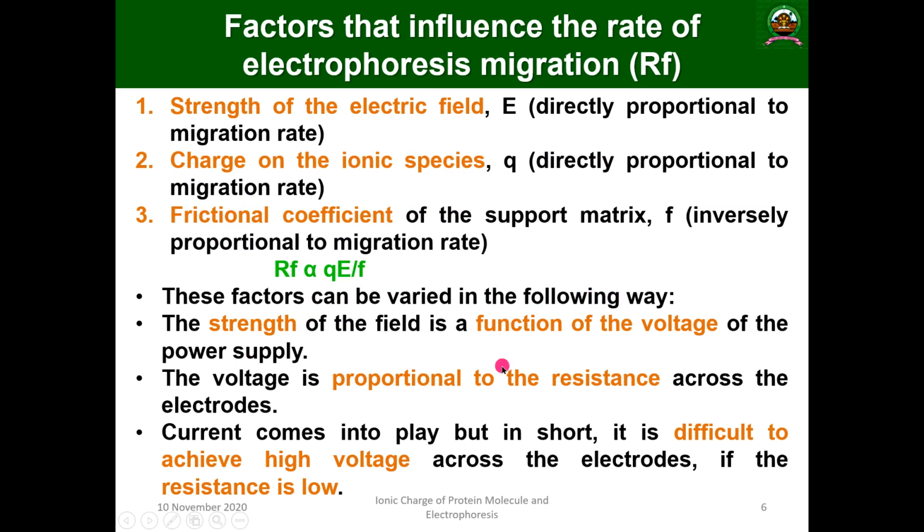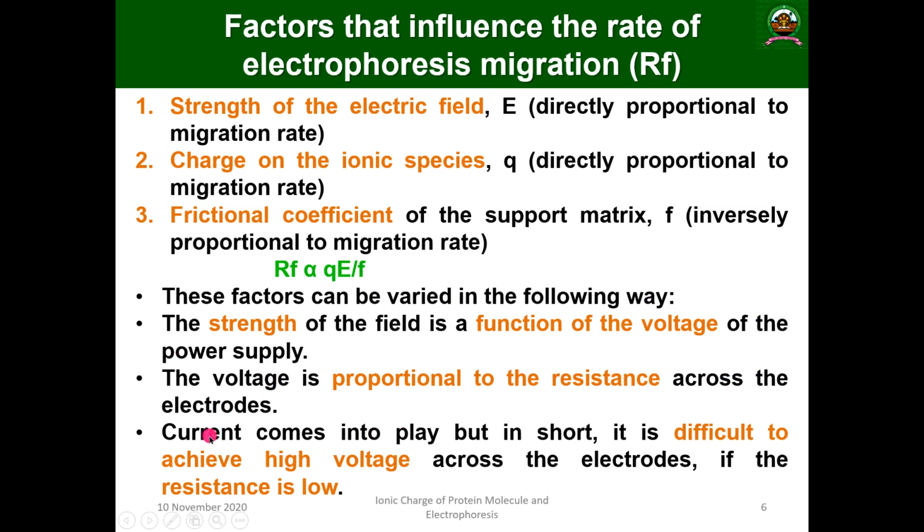The strength of the field is a function of the voltage and the power. The electric field strength is a function of the voltage of the power, and the voltage is proportional to the resistance across the electrode.